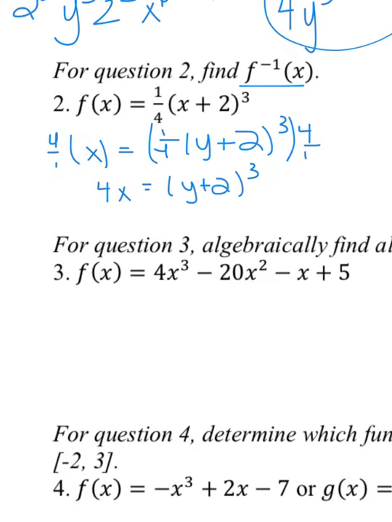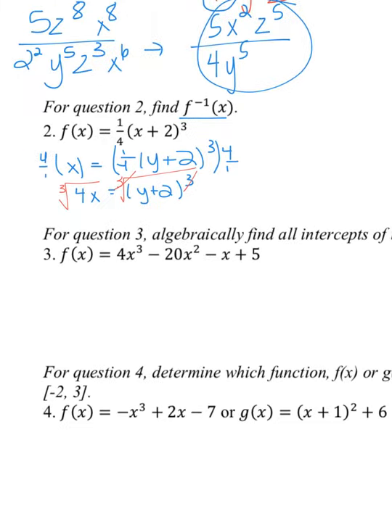To get rid of the 3rd power, to get rid of it being cubed, you're going to take the cube root of both sides. So the cube root and the cube cancel out over here. And now we have the cube root of 4x is equal to y plus 2.